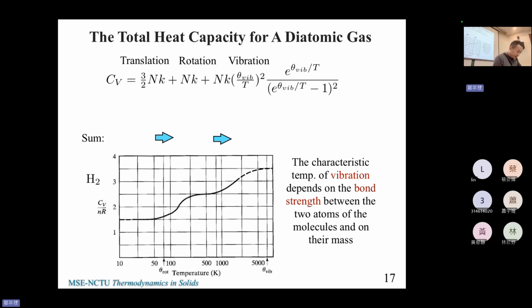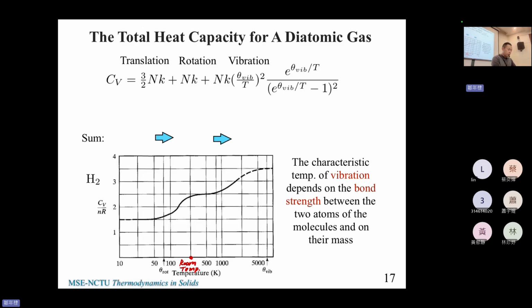for a diatomic gas. Now, CV equals translation CV plus rotation CV plus vibrational CV. Okay, so typically at room temperature, about 273, is that correct? Or 300 anyway. Room temperature, it's around here.